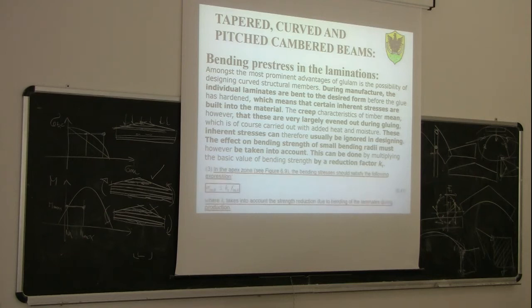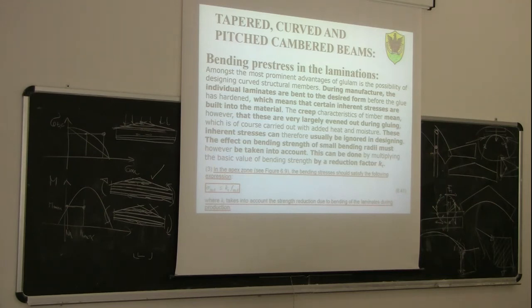If you take, for example, this clause from Eurocode 5, it is written that in the apex zone, the bending stresses should satisfy the following expression: sigma md less than or equal to fmd times Kr, where Kr takes into account the strength reduction due to the bending of the laminates during production.